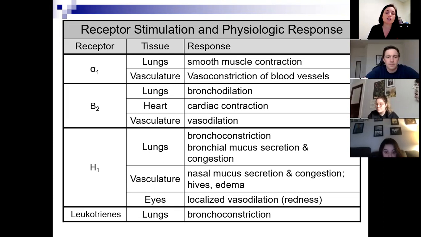And then leukotrienes, which also cause bronchoconstriction when they're stimulated. H1, histamine 1, causes bronchoconstriction, bronchial mucus secretion and congestion. So these are ones that we have to be concerned with if they get stimulated for somebody who has some kind of lung condition. They're kind of like two added ones here.